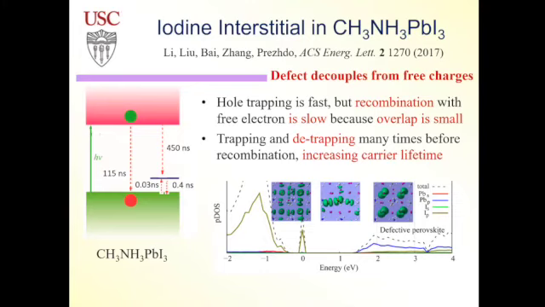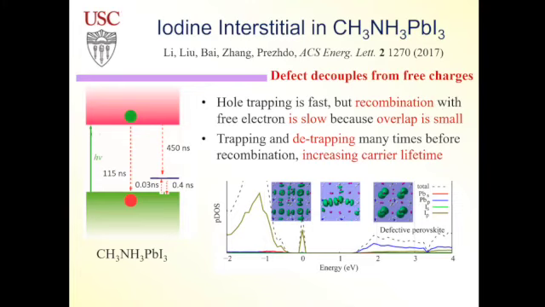But with these materials, trap states are not bad. The initial argument was that most of the trap states are very shallow. For example, the most common type of defect in this material is when you have an iodine atom moving. When it's moving, you can either have extra iodine, which is an interstitial, in this example, and in the next example, you have a vacancy.